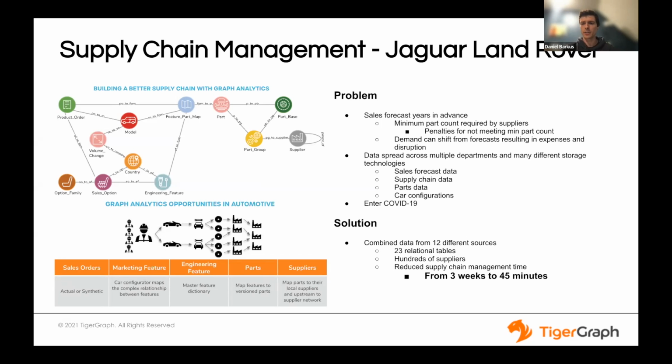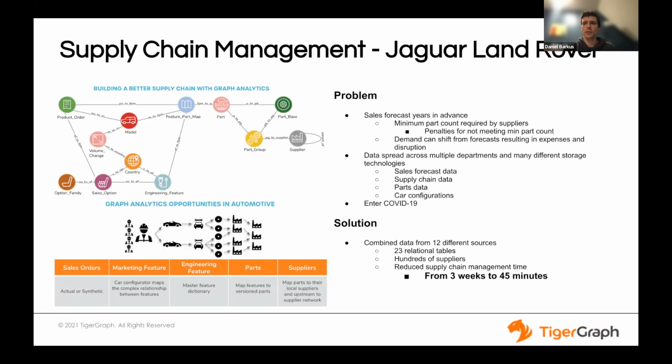Because of that, I'm sure we've all seen the scarcity of the items that we want to purchase or the increased prices due to these supply chain issues. So Jaguar Land Rover didn't want to have to deal with that as much. They wanted to be able to stand out against the crowd in terms of managing their supply chain and not having it be impacted by these real world things going on, or rather be able to respond quicker to real world changes.